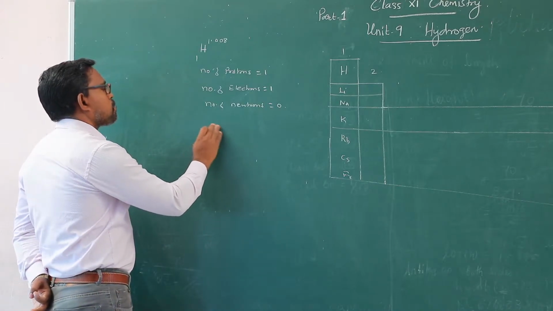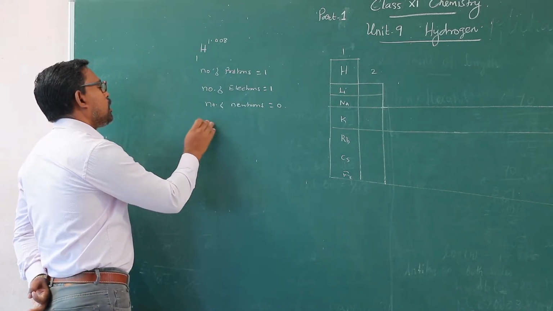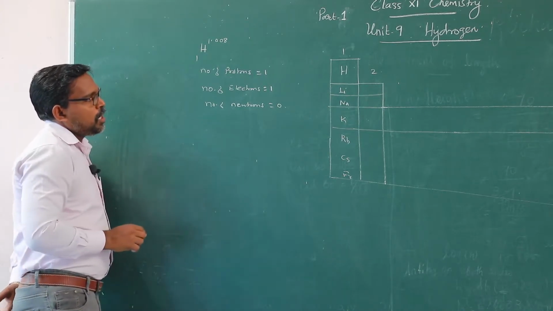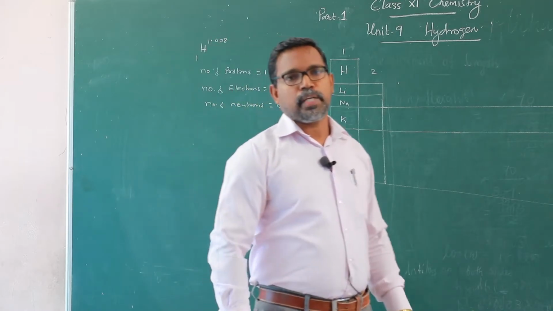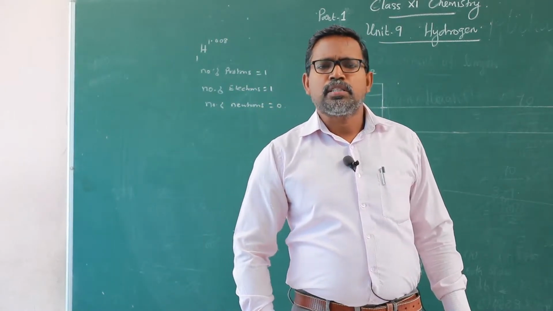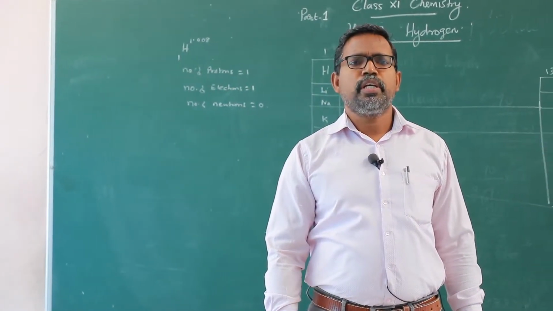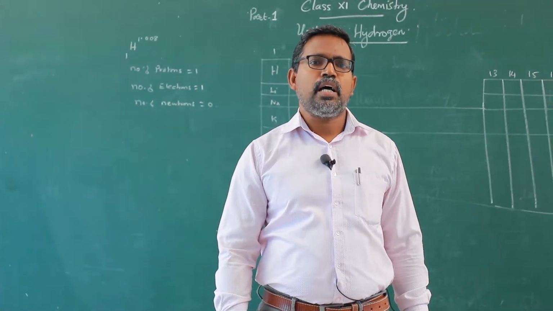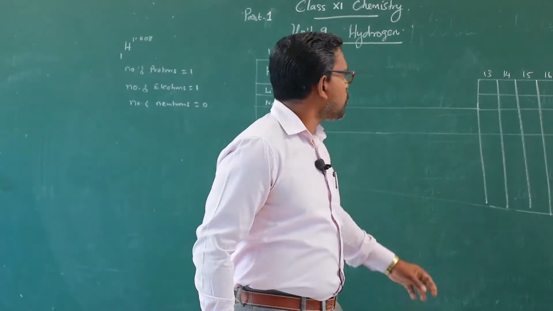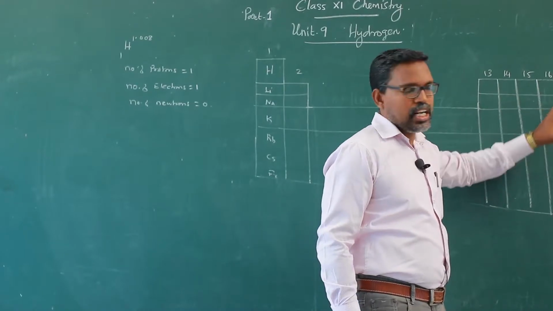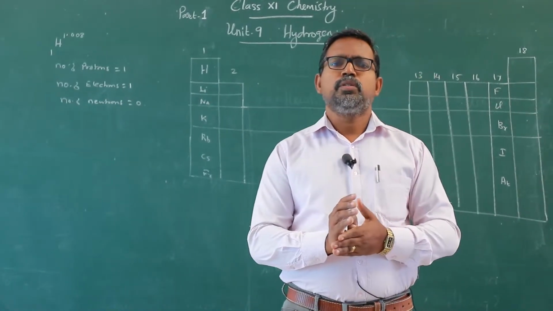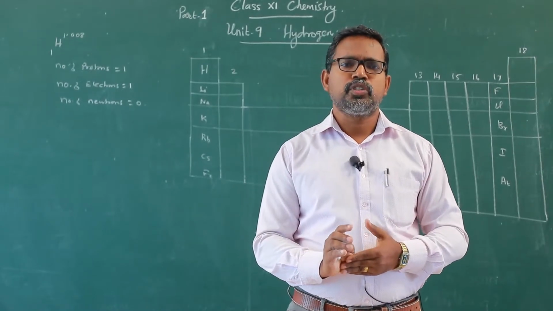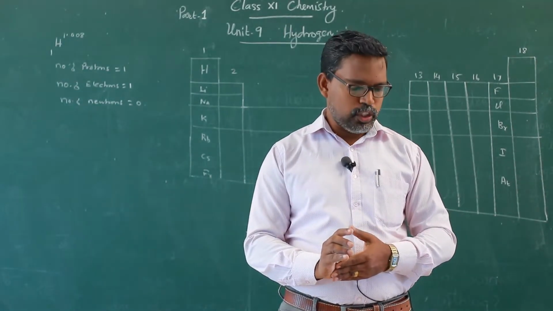Listen, hydrogen and its position is very difficult to explain because hydrogen resembles alkali metals and also halogens, group number 17. Therefore, we cannot judge the exact position of hydrogen in the periodic table.